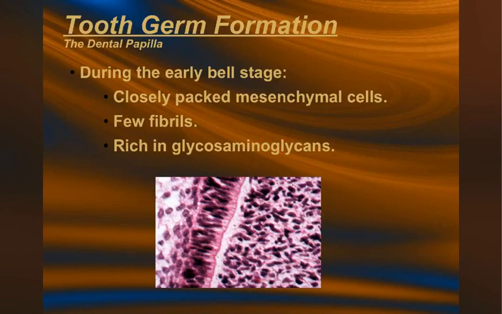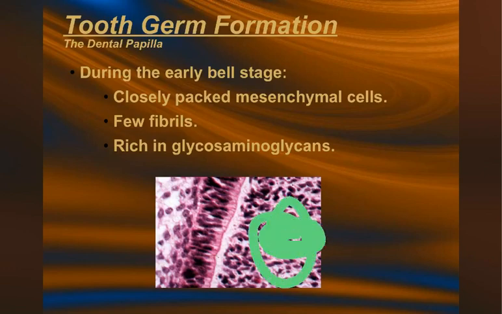During the early stages, this is the dental papilla here. During the early bell stage: closely packed mesenchymal cells, few fibrils, and rich in glycosaminoglycans.